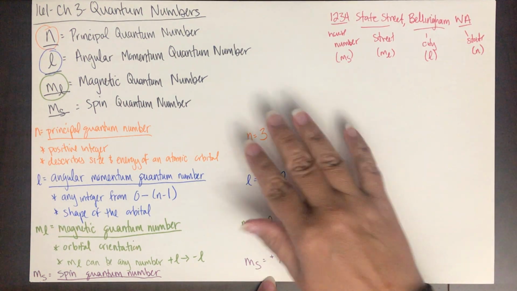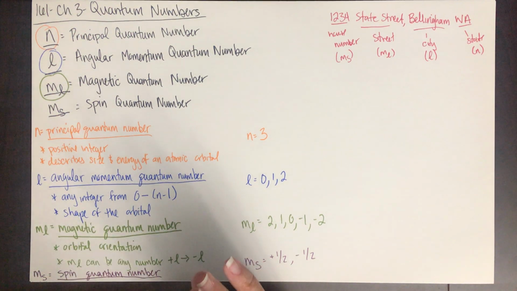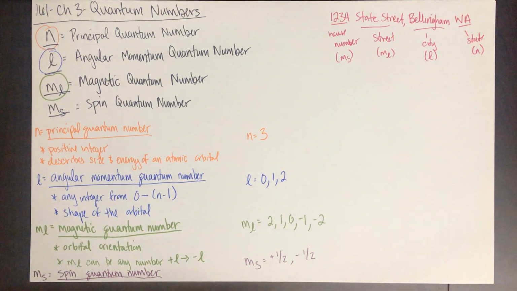So you just can't have 4 of the exact same quantum numbers. At least one quantum number has to be different. Okay. So that's called the Pauli exclusion principle. The Pauli exclusion principle says that no 2 electrons in an atom can have the same 4 quantum numbers.